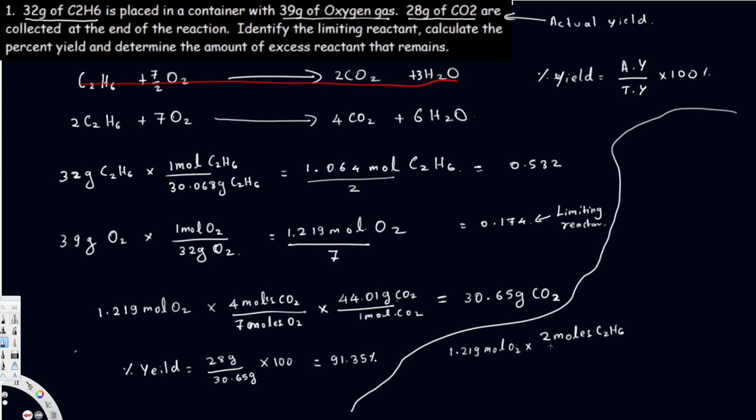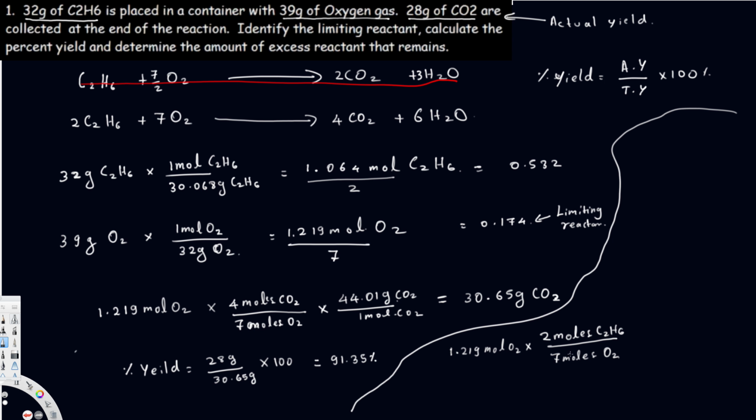On the bottom we are going to have the moles of O2, which is 7. So this is the mole ratio, 7 moles of O2. From this you will find how many moles of C2H6 it will require to finish all these moles of O2, right?